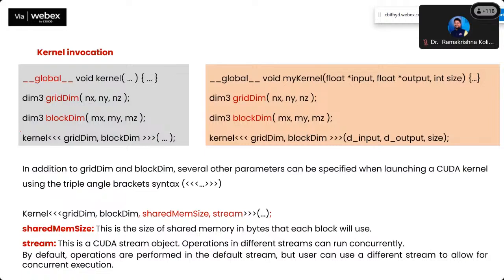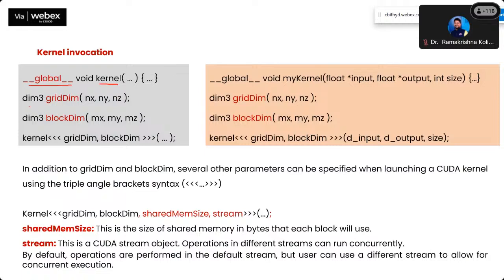Here you can see I have mentioned two examples. You have an idea that the __global__ qualifier indicates that this kernel function is to be executed on the GPU.